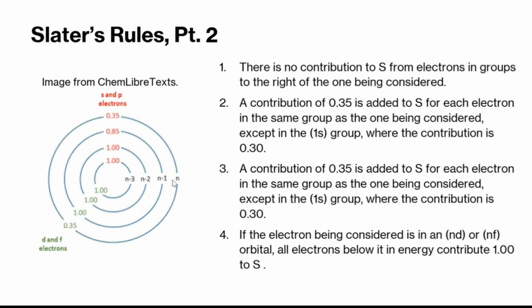Now, a contribution of 0.35 is added to S for every single electron in the same group as the one being considered, except in the 1s group, where the contribution is 0.30. In addition to that rule, if the electron being considered is in an nd or nf orbital, then all electrons below it in energy contribute 1 to S.